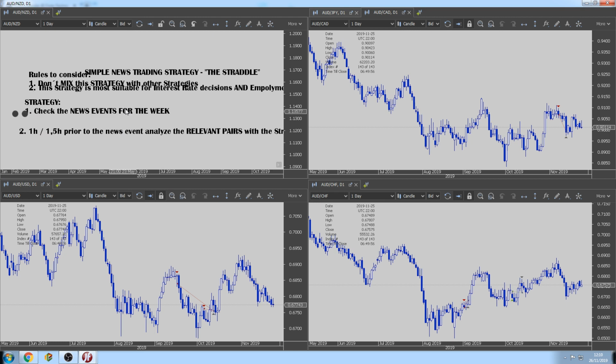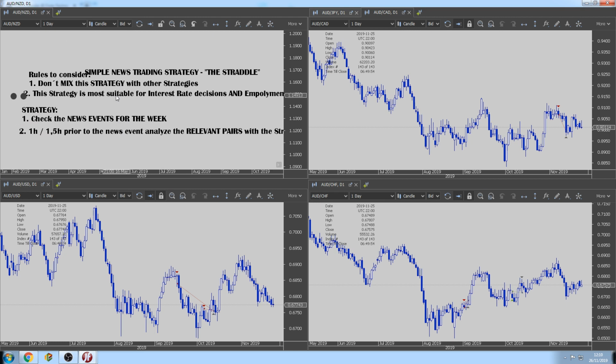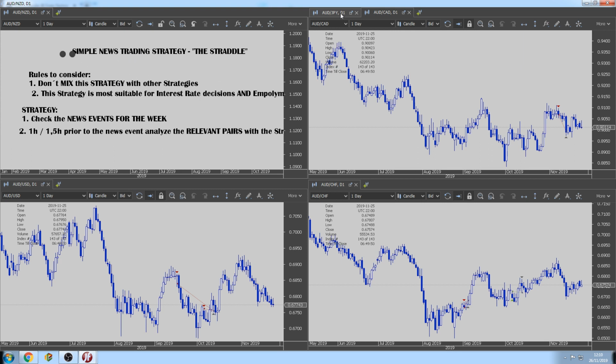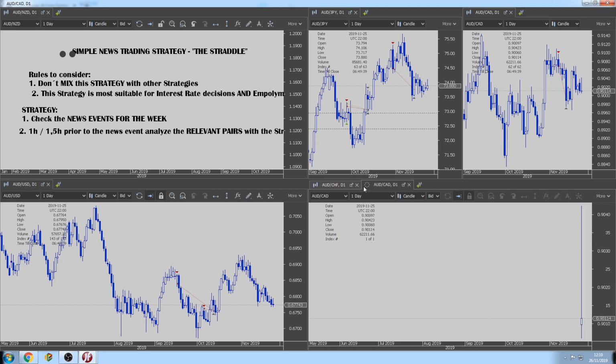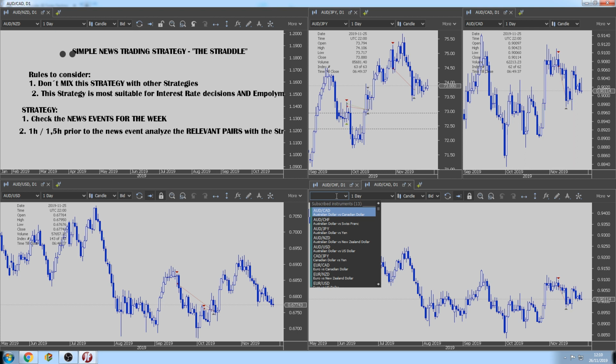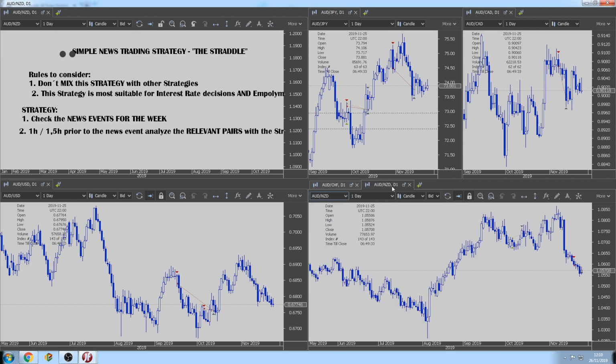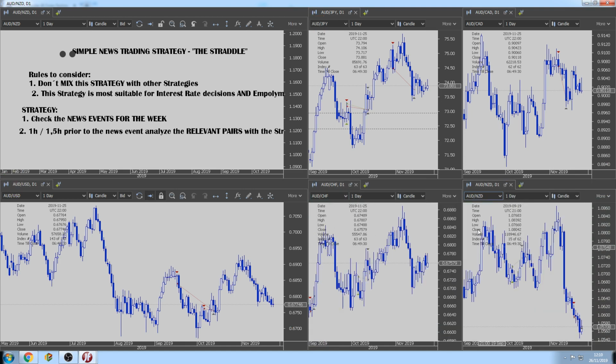So this is the check the news event strategy. Don't mix the strategy with other strategies, right? So I have AUD JPY, AUD CAD, AUD USD, AUD CHF, and AUD NZD. So 1, 2, 3, 4, 5 pairs.